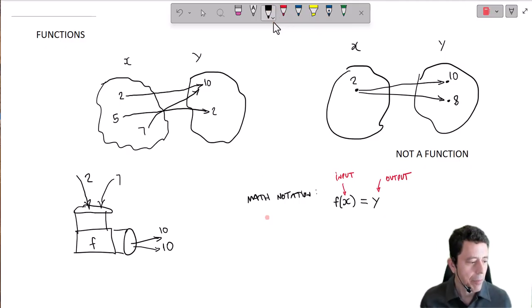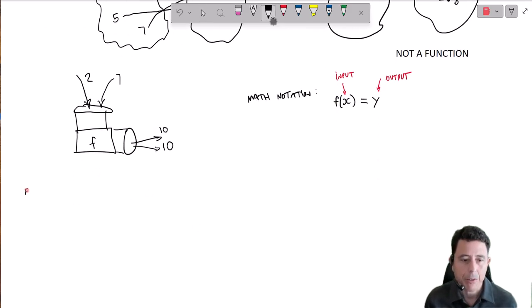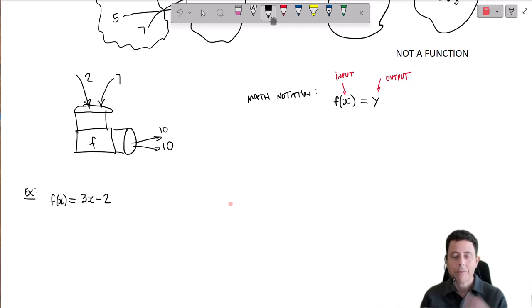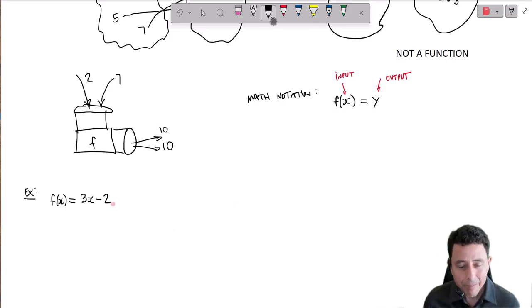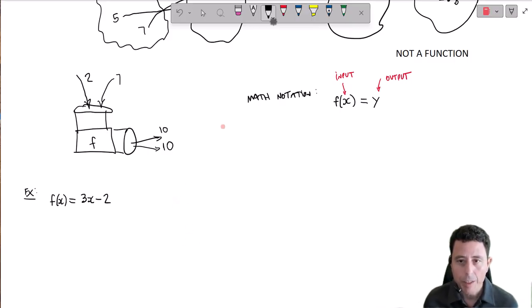Now let's look at a more practical example to see how this works. So let me give you an example here. Let's say I have this function. It's 3x minus 2. Some of you may already be familiar with that. But that's the function. What does it mean?